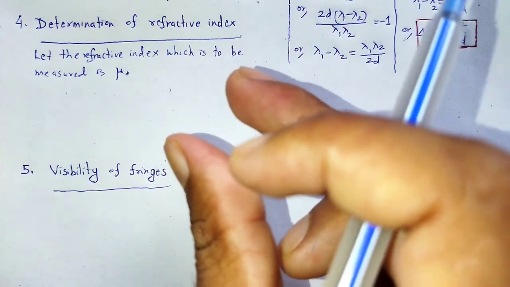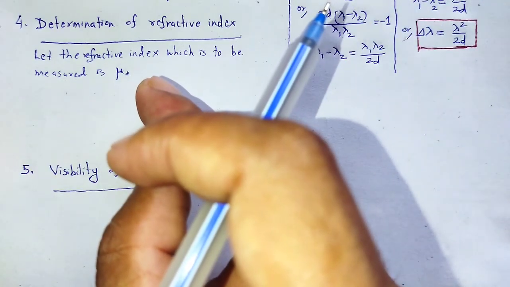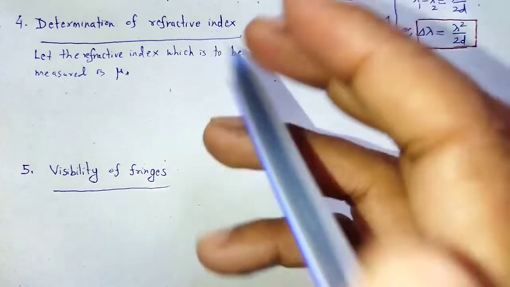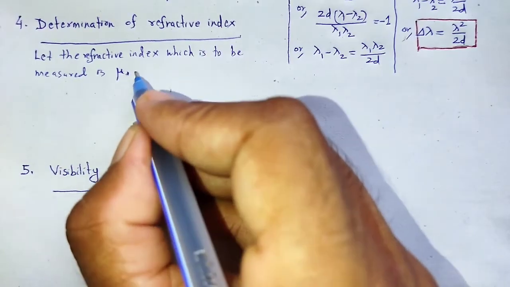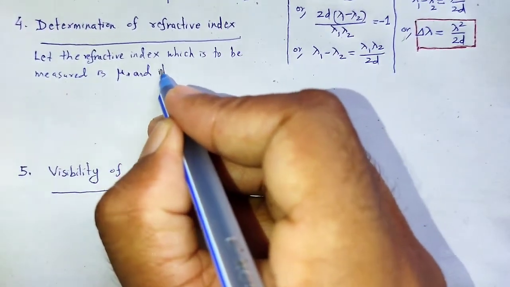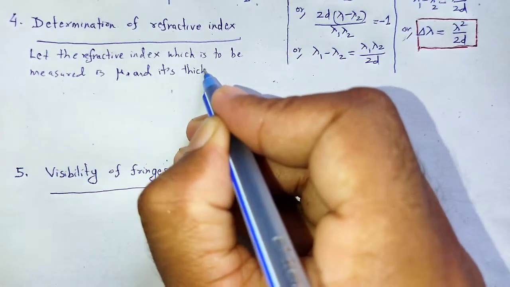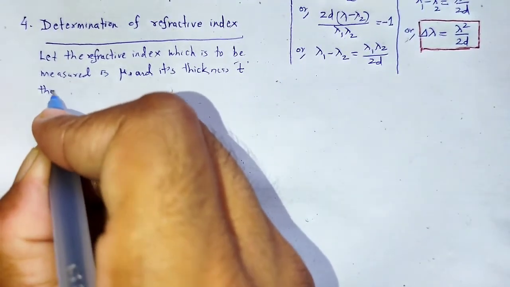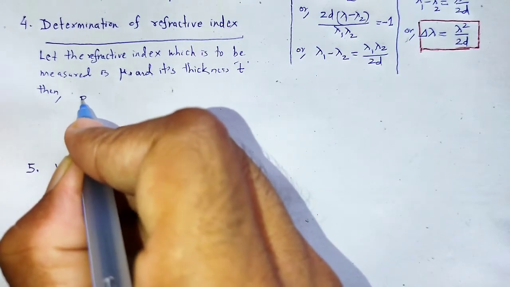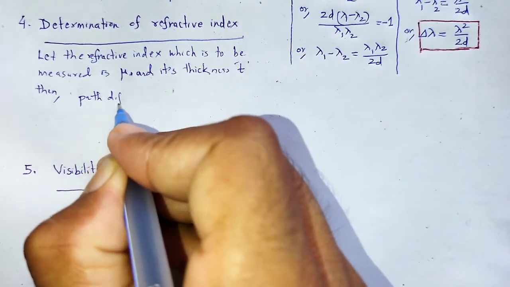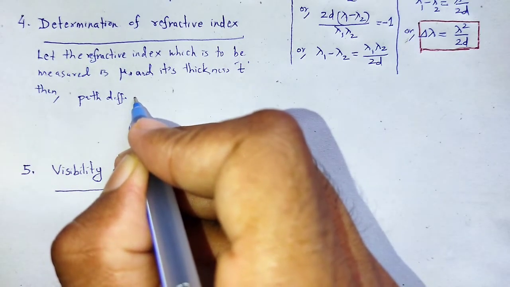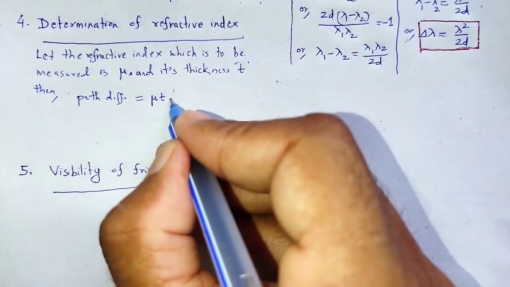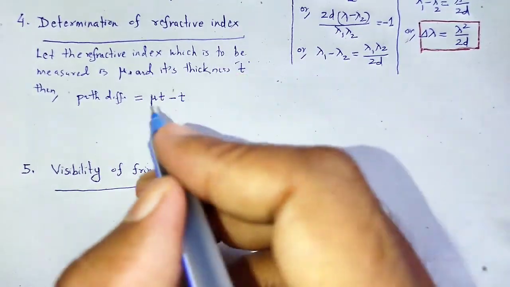That refractive index of that material having the thickness small t, then the path difference is measured as mu t, refractive index into thickness, minus t. That is the path difference.